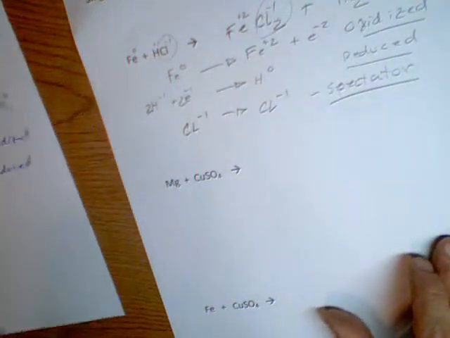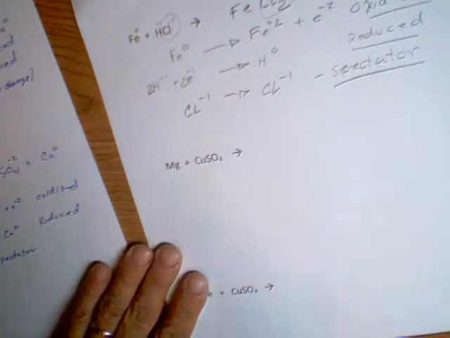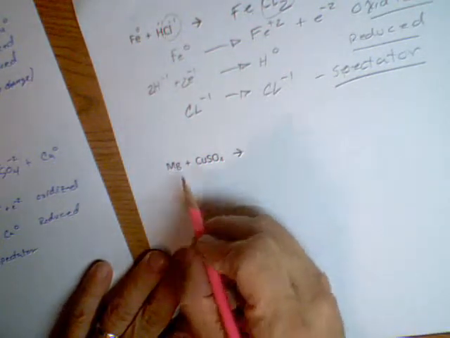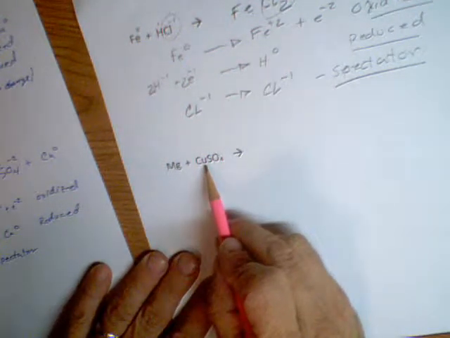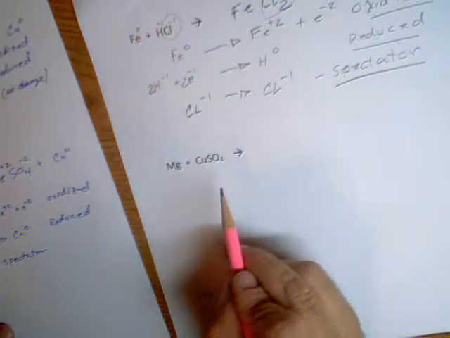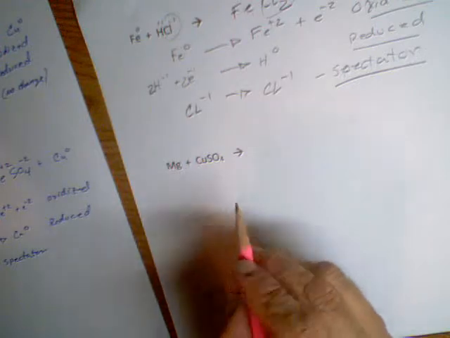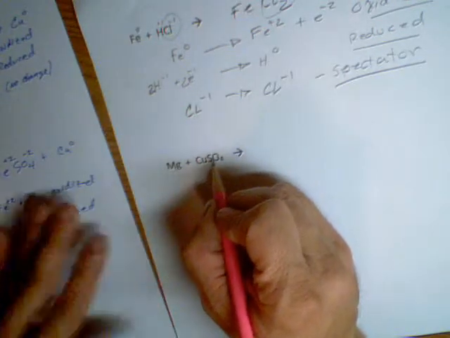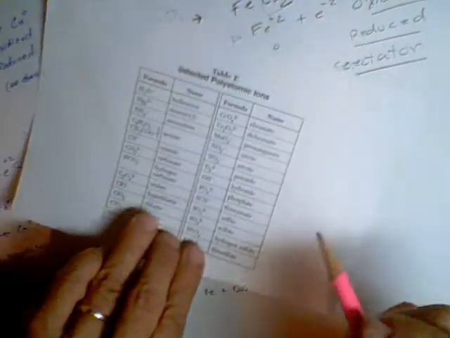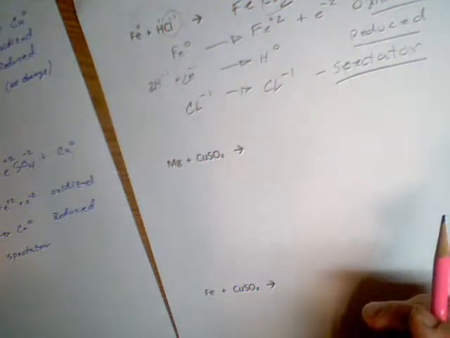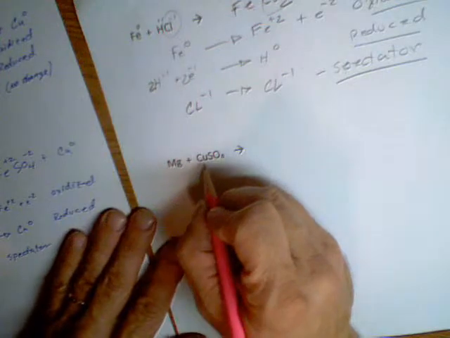Okay. Now in this next reaction, let's try another. Magnesium and copper sulfate. So we have another polyatomic ion. We could look that up on our little table.